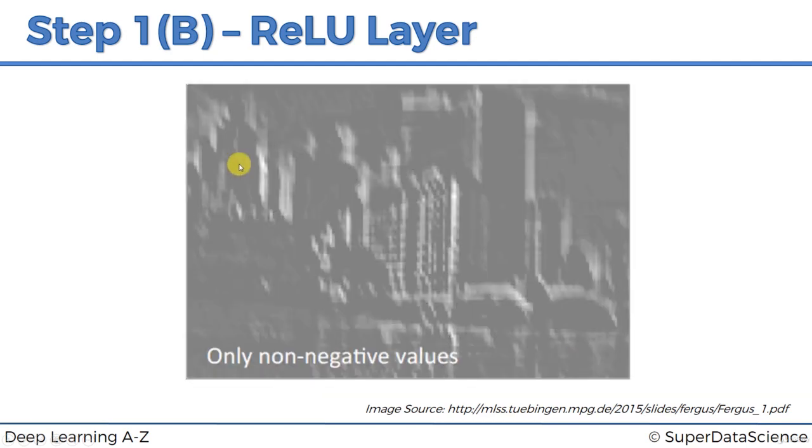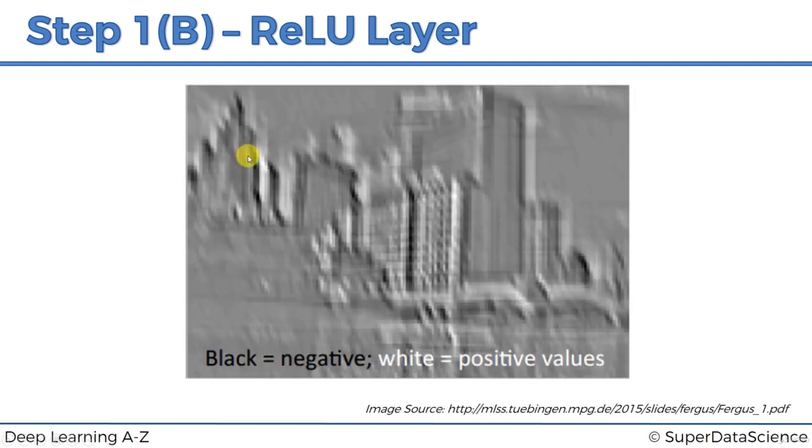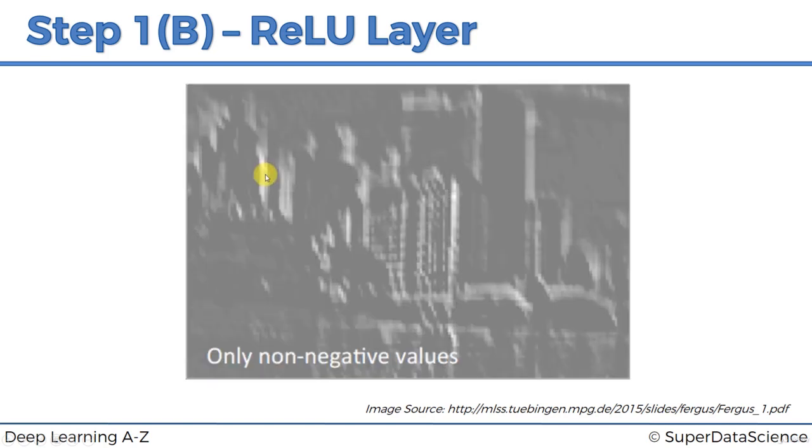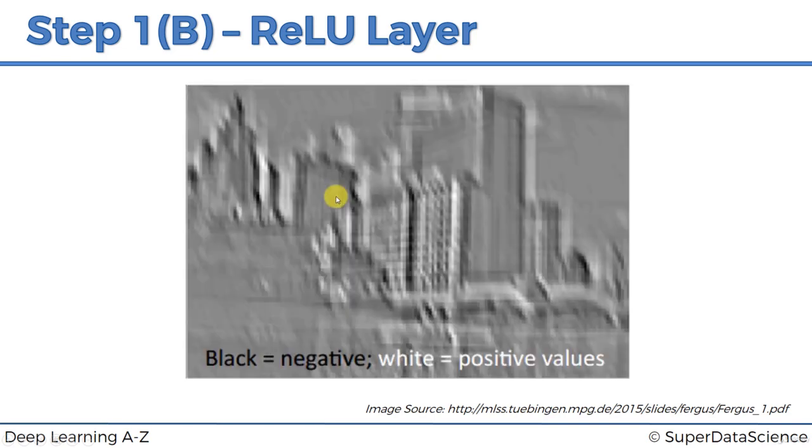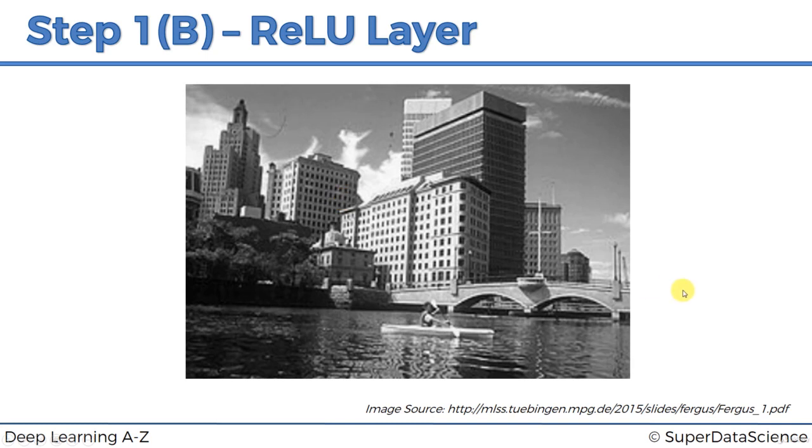So let's have a look here. Same thing. You see white, gray, black, gray, white. And when you break it up, you don't have that gradual progression anymore, you just have an abrupt change, and that helps introduce non-linearity into your image.